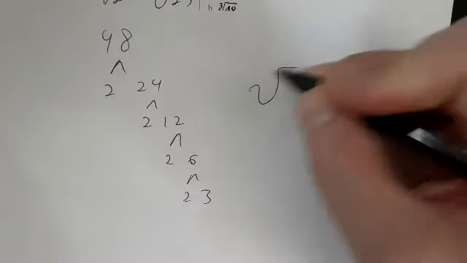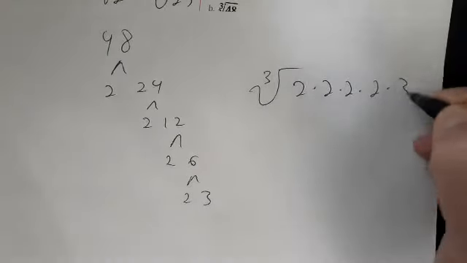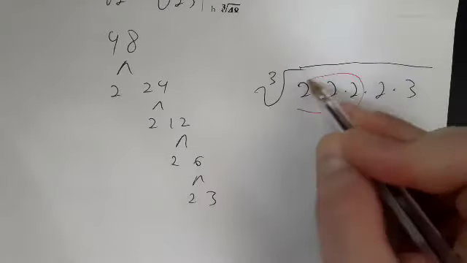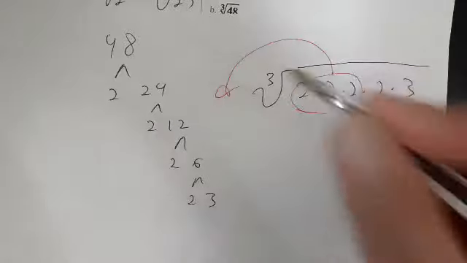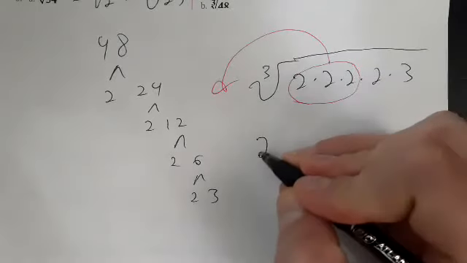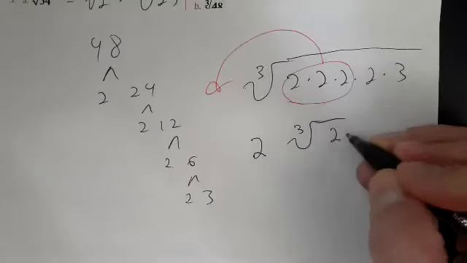So doing the cube root of 48 is 1, 2, 3, 4. So I want to circle groups of 3. So I look 1, 2, 3, and this is going to come out once. So this is coming out as a 2. I still have a cube root of 2 times 3.